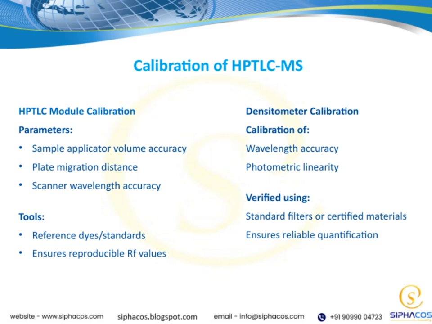To achieve this, we use reference dyes and standards, which serve as our calibration tools. These standards help us confirm that the RF values are reproducible, ensuring our results are consistent and comparable over time. Overall, thorough calibration at each step is what guarantees the reliability and precision of our analytical methods.